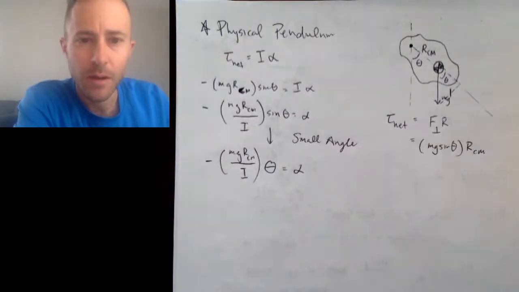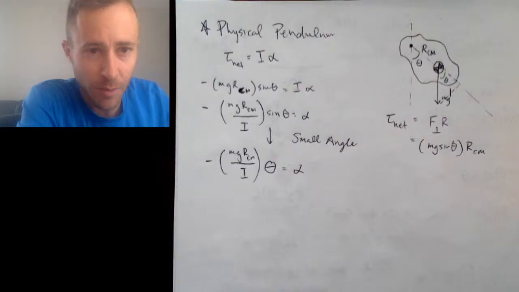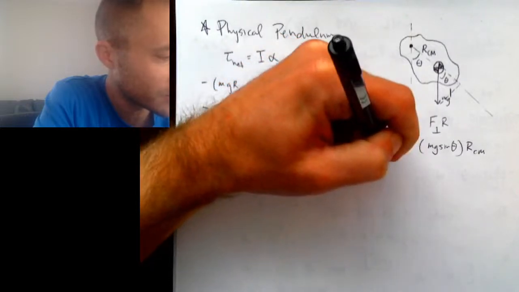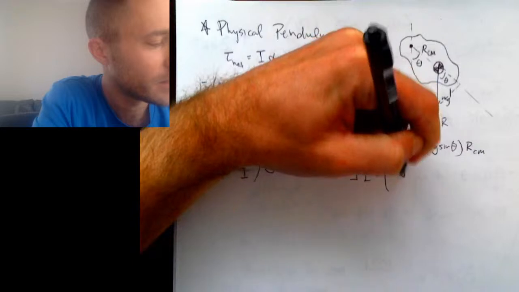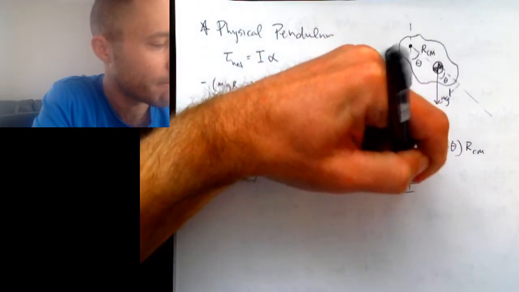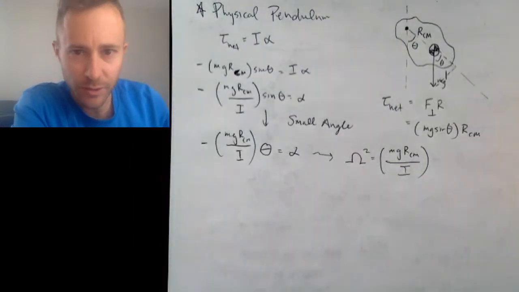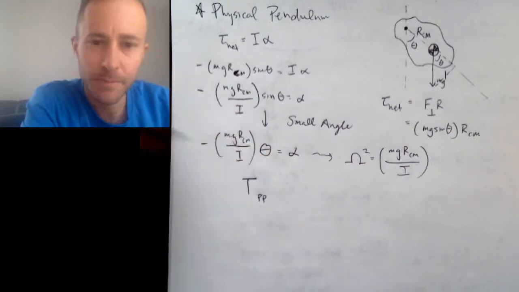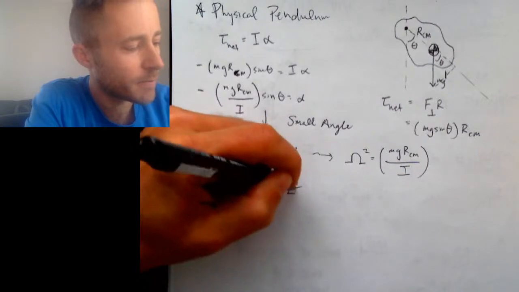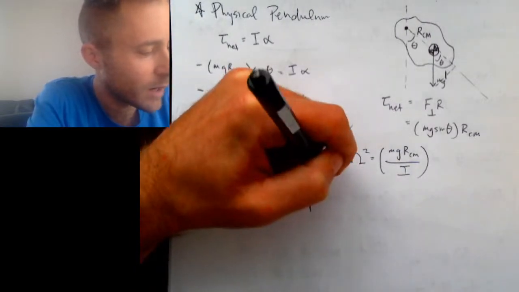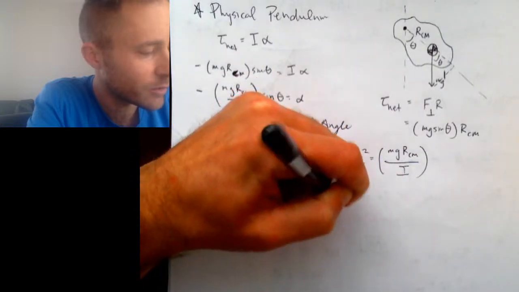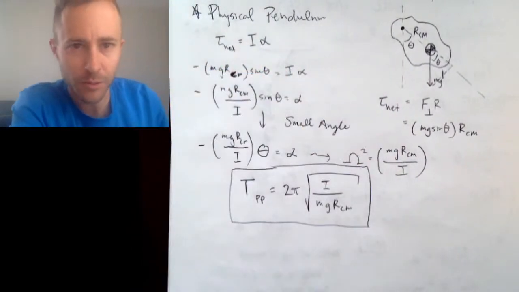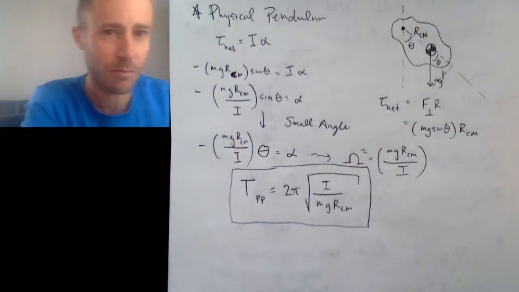This is the form of the equation of simple harmonic motion, so we would have omega squared equals mg R_CM over I. Getting the period, the period of a physical pendulum is 2 pi square root of I over mg R_CM. This is our main result for today.